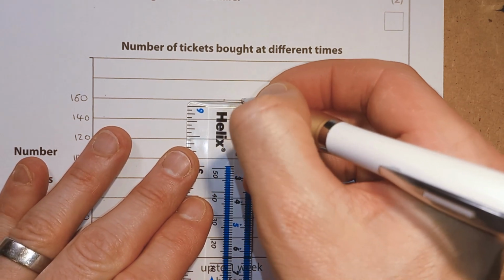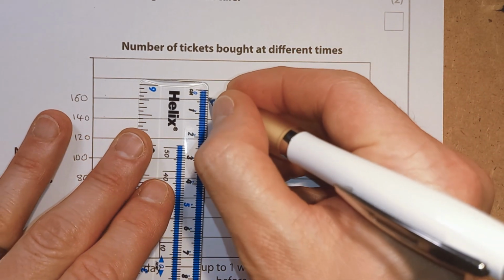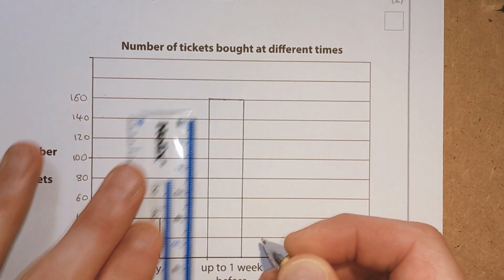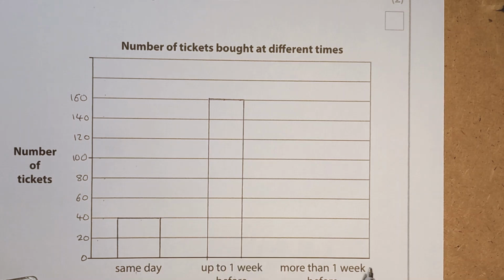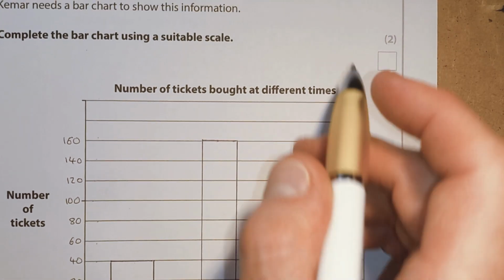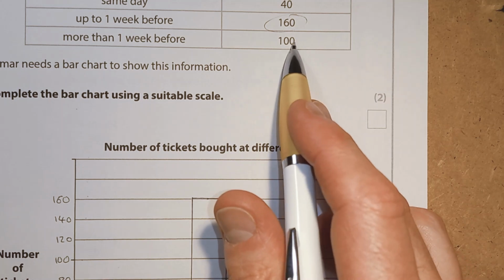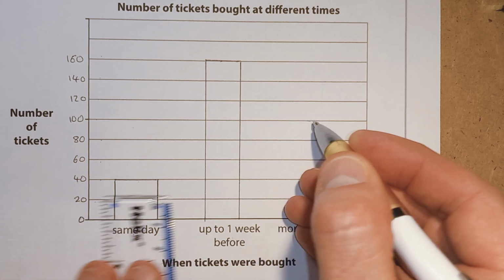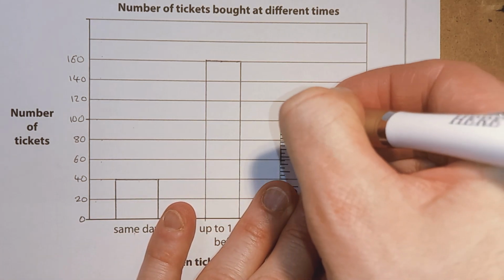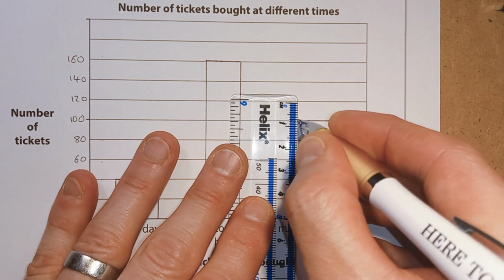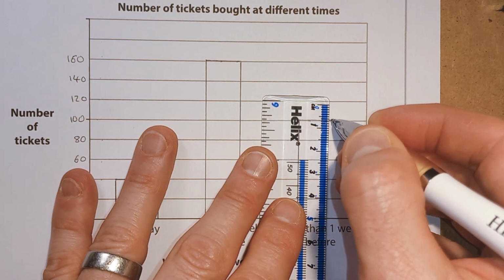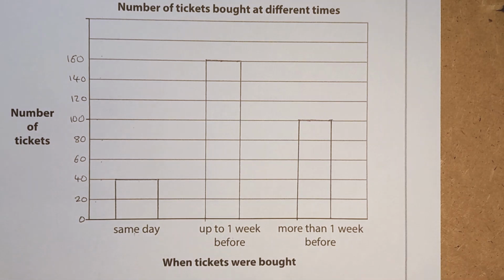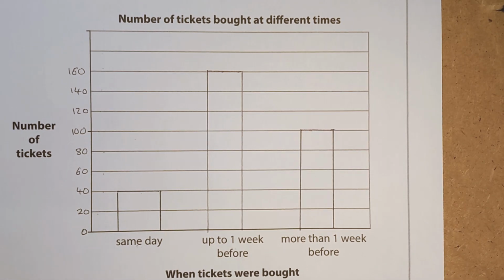So draw the top of our bar there. They're reasonably similar. And finally, more than 1 week before, we had 100 tickets. So we want to go up to 100, which is here. There we go. And that's a bar chart.